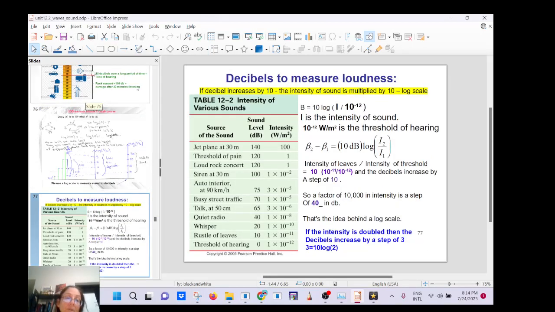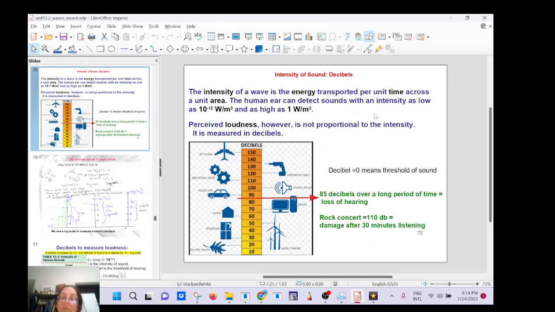Okay, so that's how it works. To measure loudness, we use a special scale, which is a logarithmic scale. And you see a few examples here. 120 is the threshold of pain. And level 0 is the threshold of hearing.